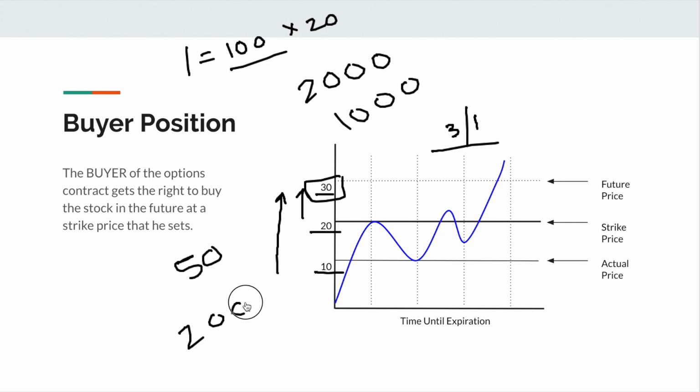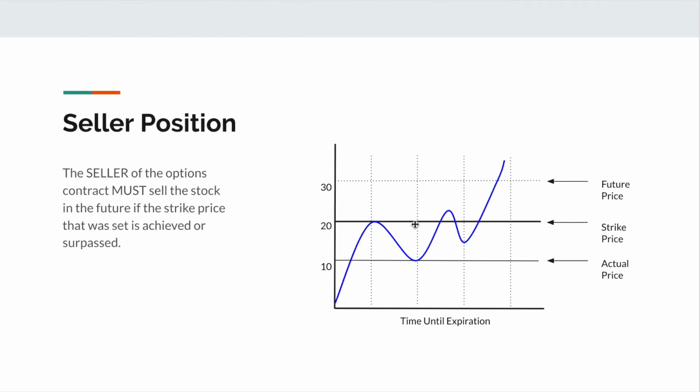And there you go. You can sell this contract now and make that $150 profit without having to spend $2,000 to buy the stock itself. And that'll make more sense in the later slides as we go through the buying and selling positions of the contract at Ayanti Trading.